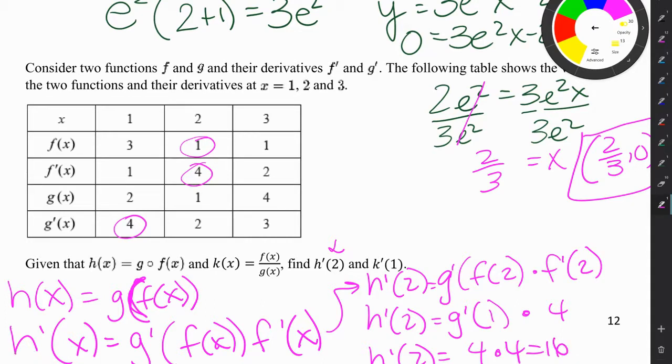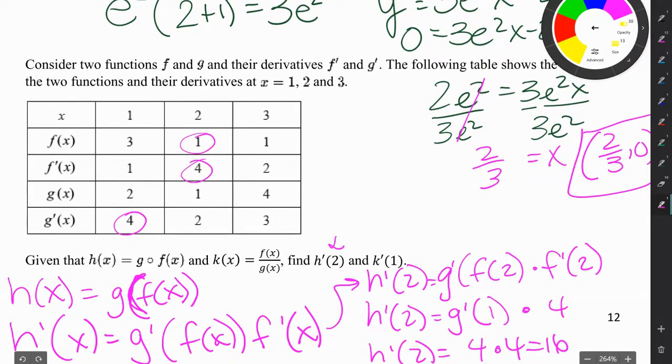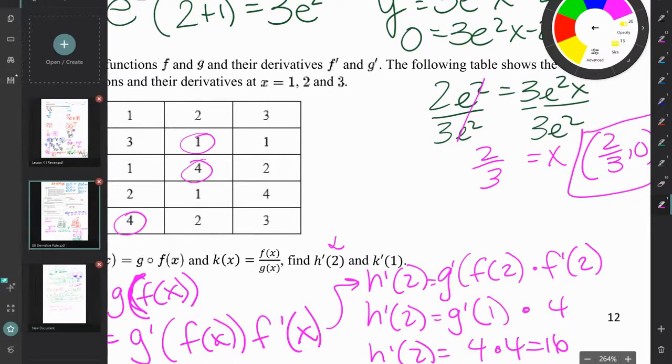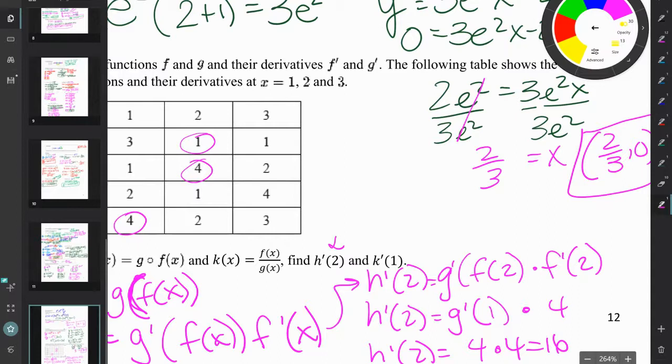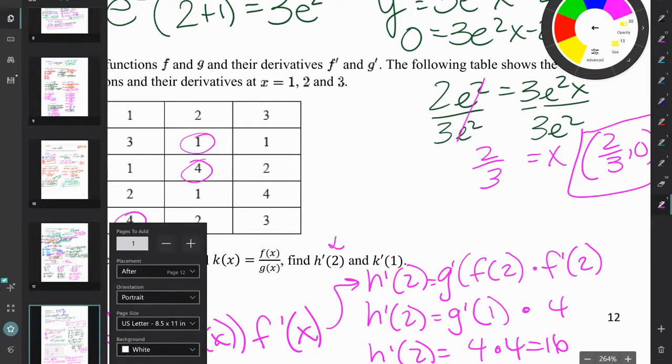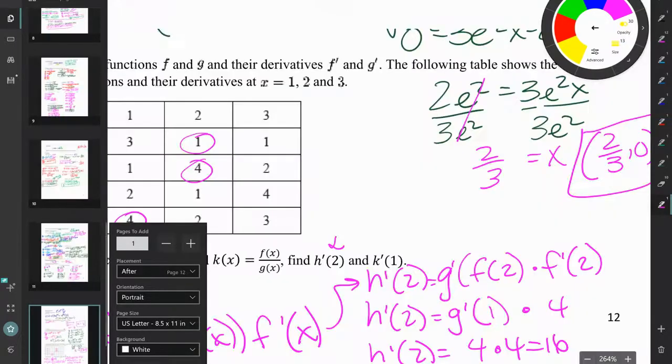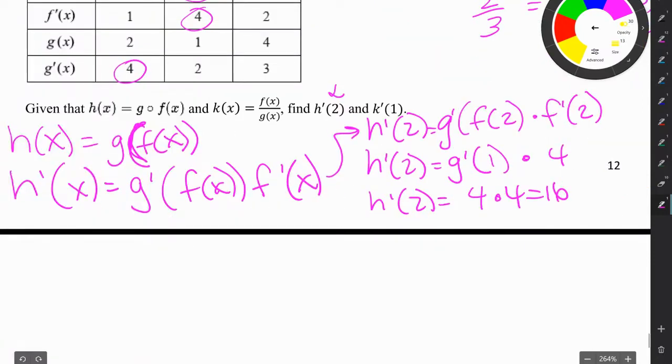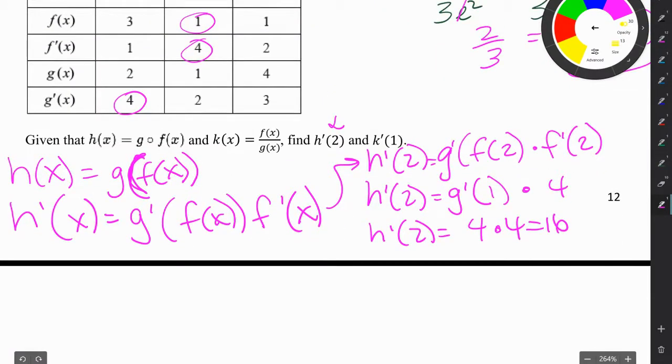For k prime, that is the quotient rule. I'm going to add myself another page here really quickly. Sorry, I ran out of pages. Insert new pages. Okay, so now I have more room to write. So if it's k prime, remember it's low d high.